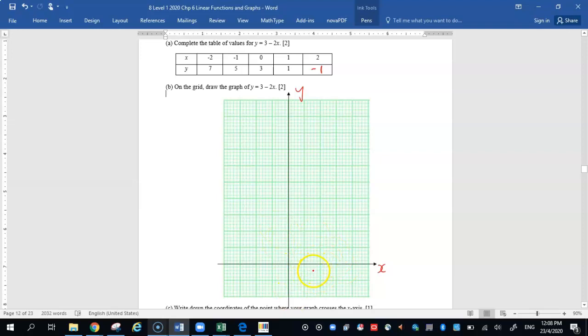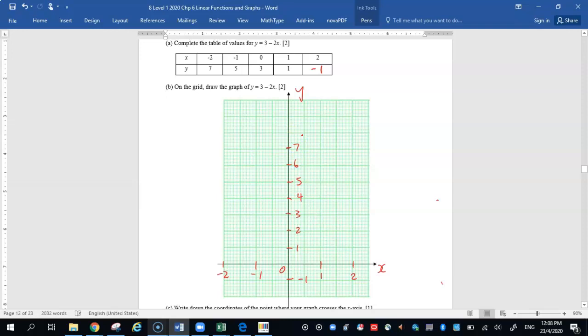We have 0, 1, 2, -1, -2. For the y-axis, -1, 1, 2, 3, 4, 5, 6, 7.